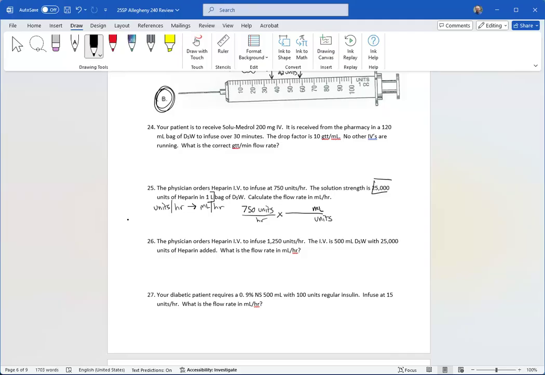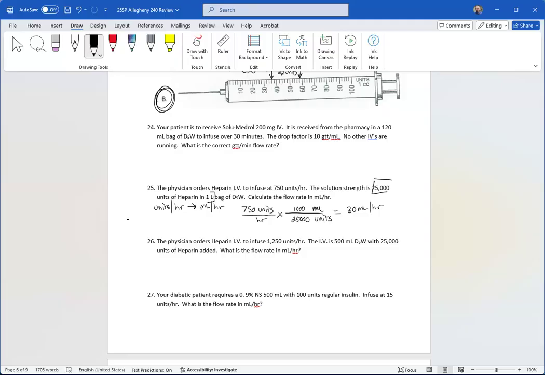So that's one whole IV all together. So I can take my 1,000 milliliters, my 25,000 units, and calculate the flow rate. I'm going to take this 750 times 1,000 divided by 25,000, and I'm going to get 30 milliliters per hour.